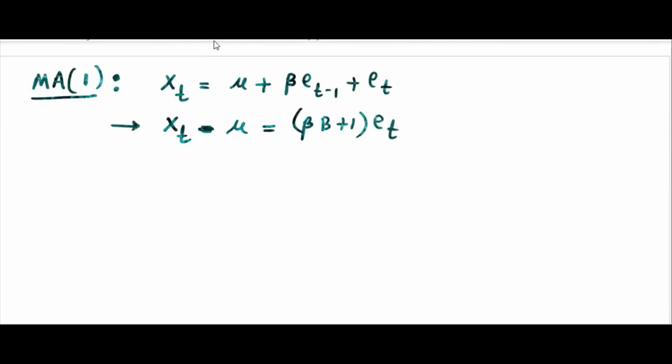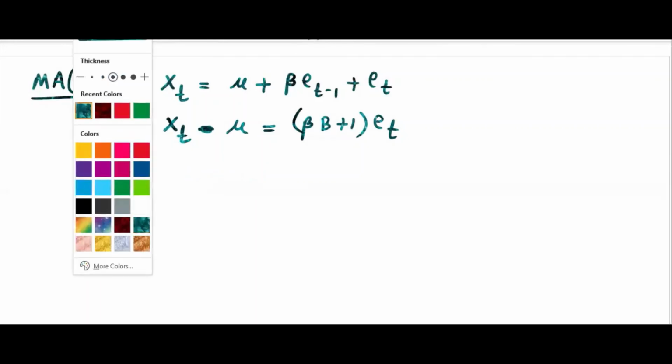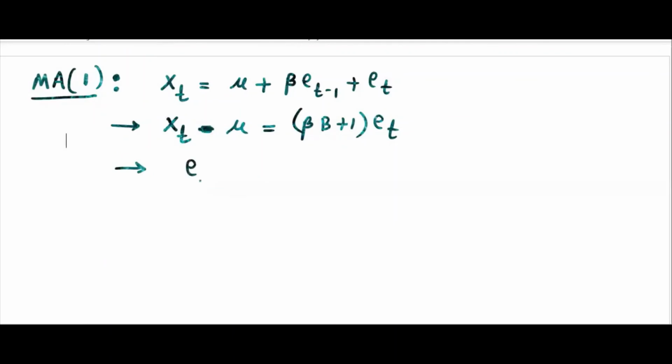Then xt minus mu will be equal to, let me write this side so that I will be able to express et in terms of these. So it will be 1 plus beta B, you take that side inverse, and you get xt minus mu.